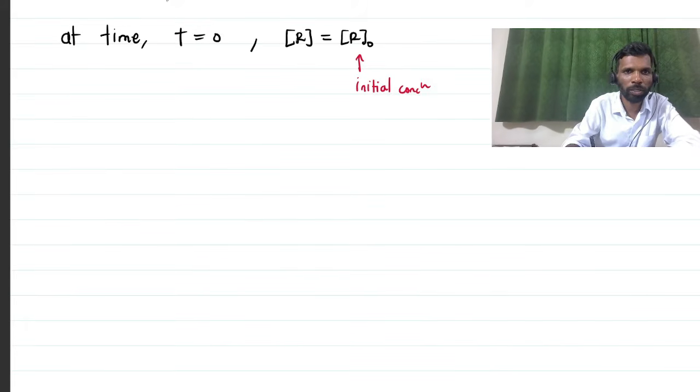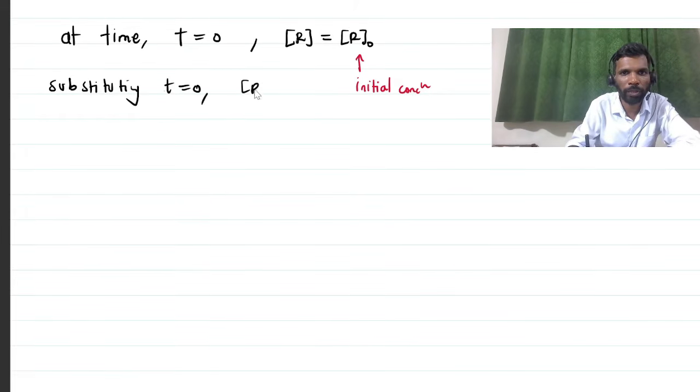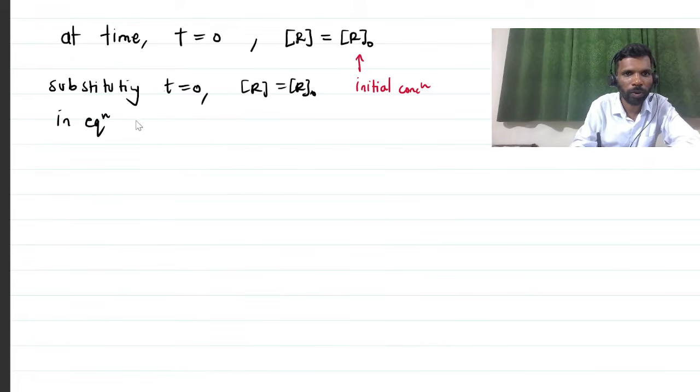So, substituting t is equal to 0 and R is equal to R0 in equation 1, all of this is to find C, the integration constant.